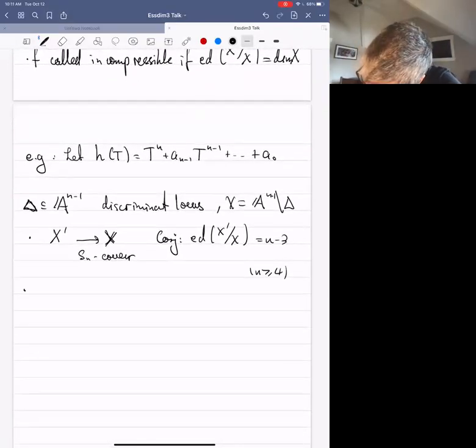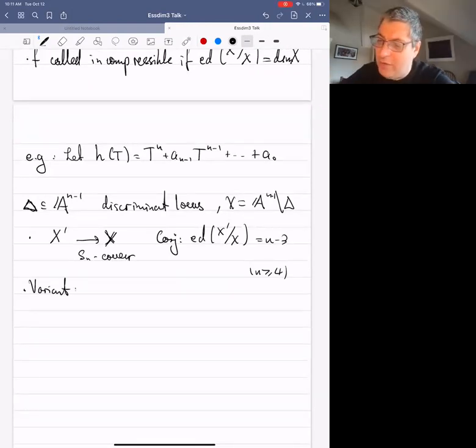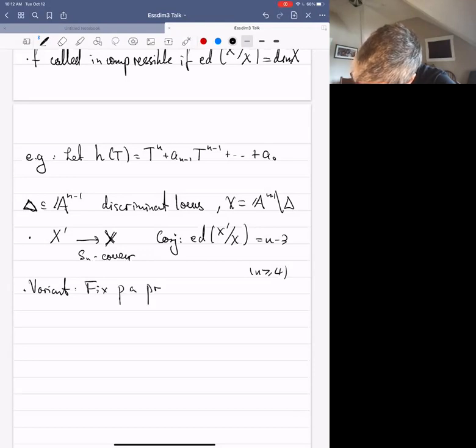Actually, today we'll be interested in the following variant. This doesn't matter. You can just think of the original essential dimension question, but our results will actually be slightly stronger. They involve the following variant. Let's fix p a prime number, and then you can define what's called the p-essential dimension.